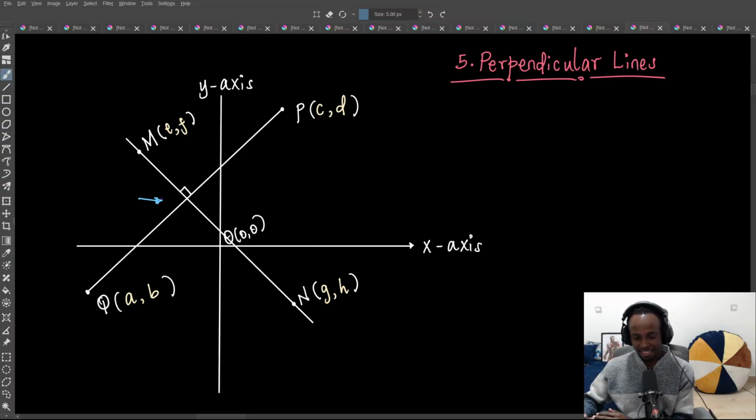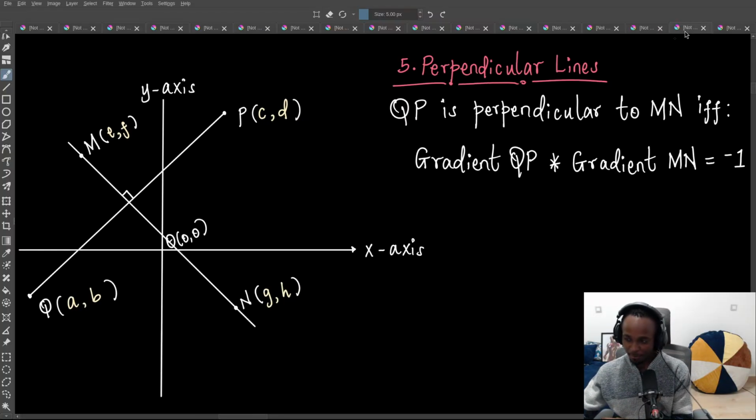So we say those lines are perpendicular to each other. And mathematically, we say that a line QP is perpendicular to MN if and only if the gradient of QP multiplied by the gradient of MN is equal to -1. So basically, if the product of the gradients of the two lines is -1, then they are perpendicular to each other.